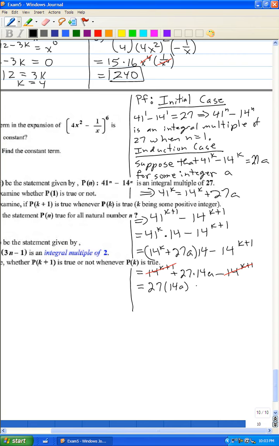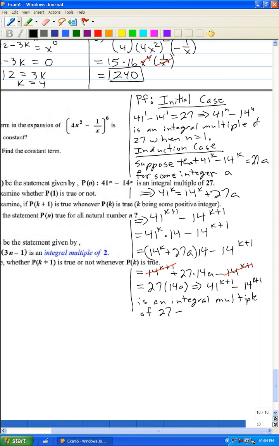So therefore, 41 to the k plus 1 minus 14 to the k plus 1 is an integral multiple of 27.